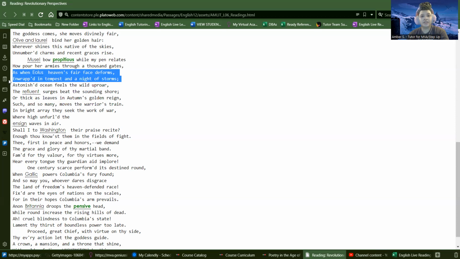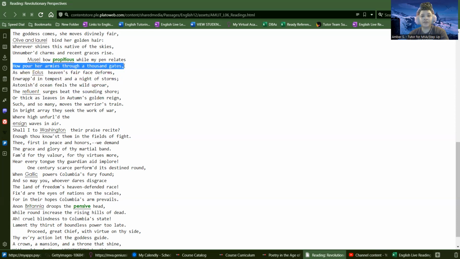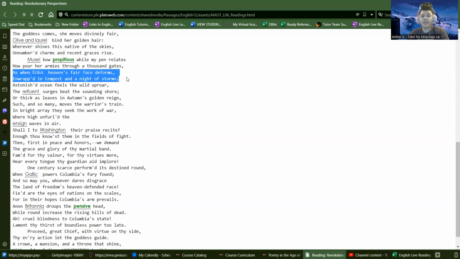And then the next line says, enwrapped in tempest and a night of storms. So we're saying that the armies poured through 1,000 gates the same way that Aeolus enwrapped his face in tempests in a night of storms. So they're saying that the armies basically came through the same way that the god of wind would, while transforming into storms that ravage the land overnight.